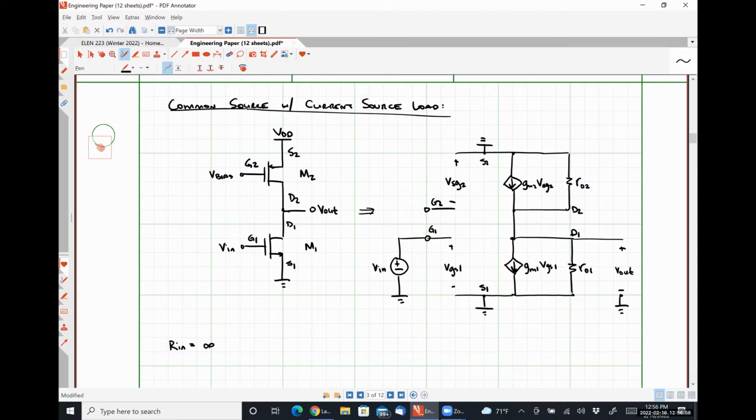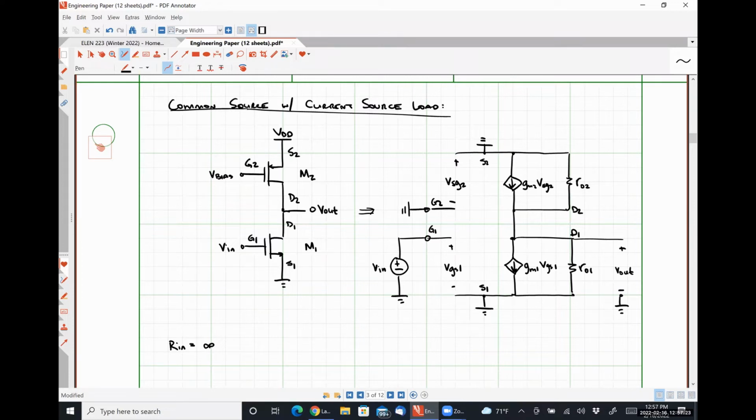My output resistance is going to be a little bit more difficult to quantify here. And I actually have made a mistake here that you guys didn't catch. What should my gate terminal G2 be connected to? Ground. Because V bias represents a DC signal.